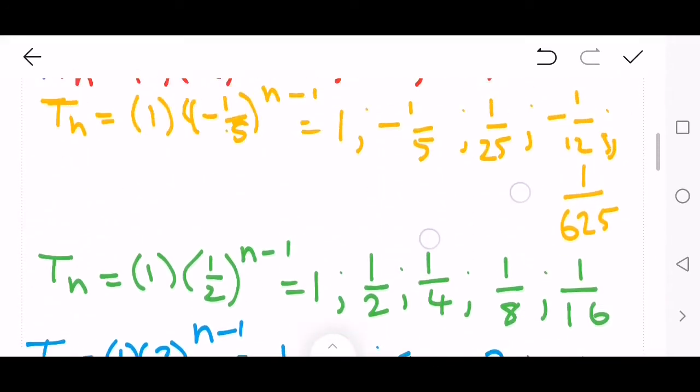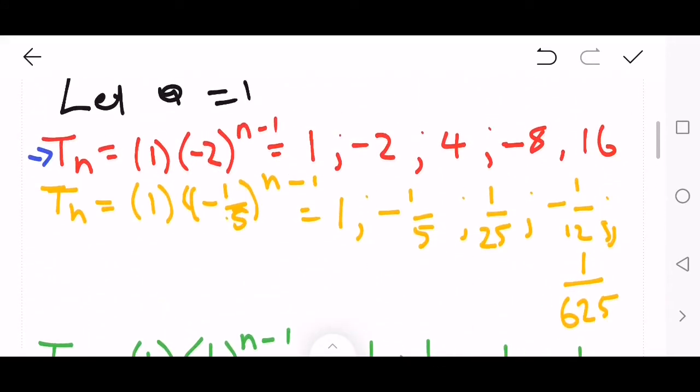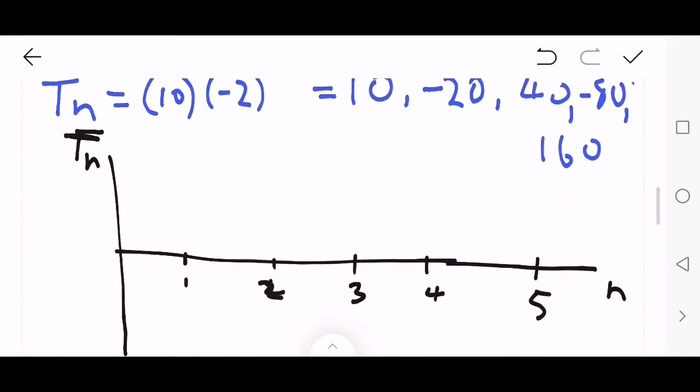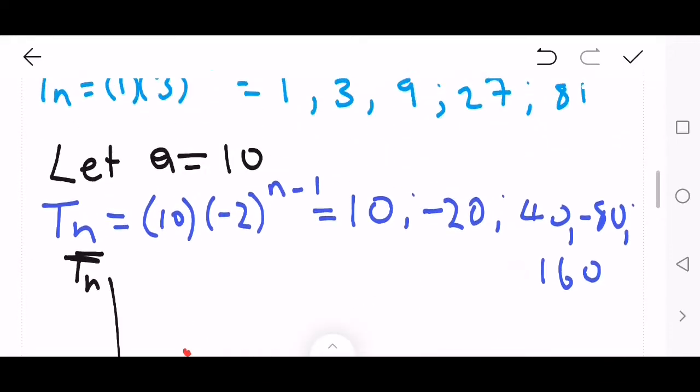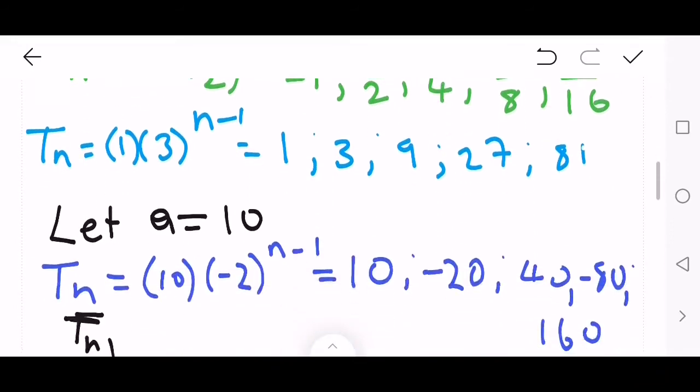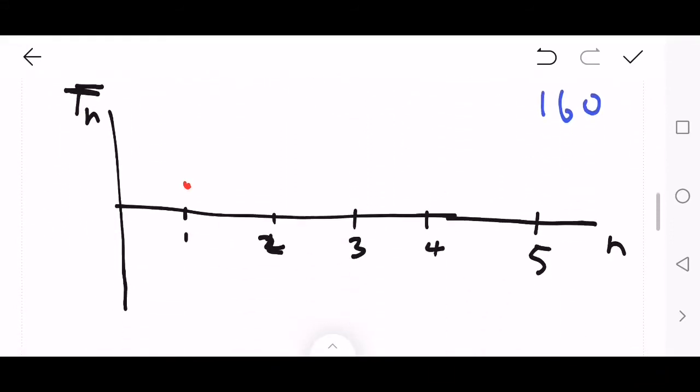Plotting our values. For n equals 1, we have 1 on our first sequence. For n equals 2, we have -2.